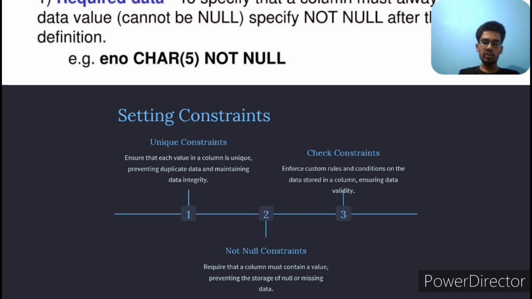Unique constraints ensure that each value in a column is unique, preventing duplicate data and maintaining data integrity. Check constraints enforce custom rules and conditions on the data stored in a column, ensuring data validity.